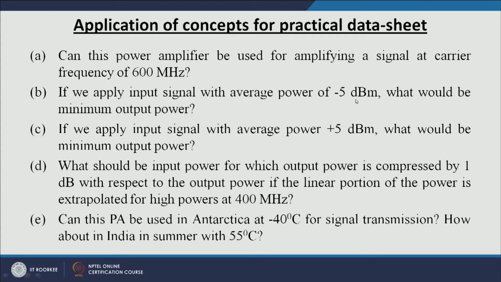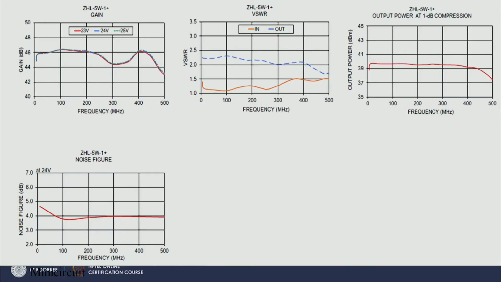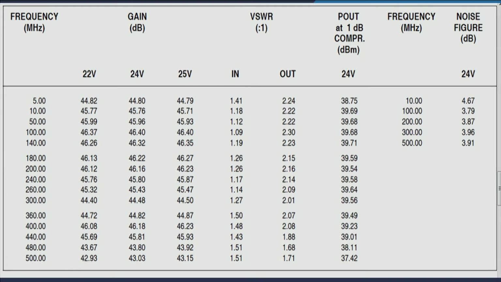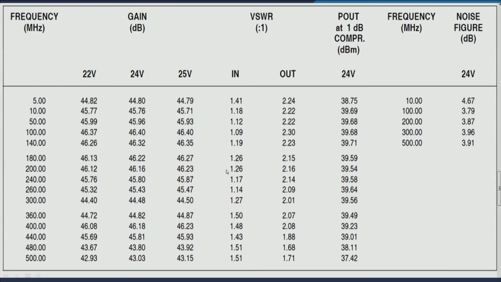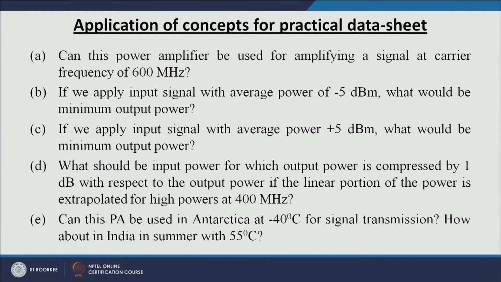So we are looking for the minimum gain here. They have said that minimum gain is 40 dB, because it is a ratio between the two powers, so it is dB, never dBm. So by this calculation, the minimum gain we can achieve is 40, and input power is minus 5 dBm.